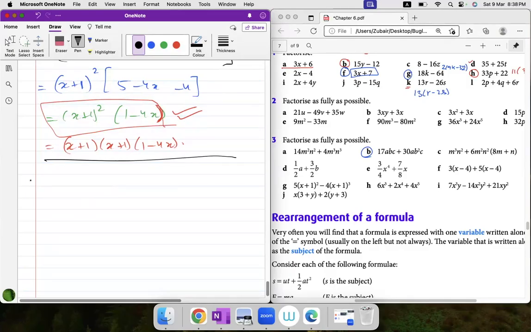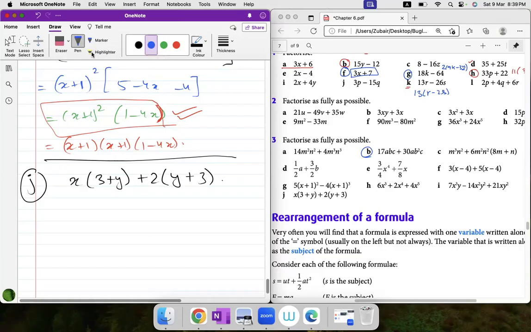Okay. Look at this J part. x 3 plus y plus 2, y plus 3. Isn't it also basically the same thing? It's just switched. Yeah, they're the same. They just switched.